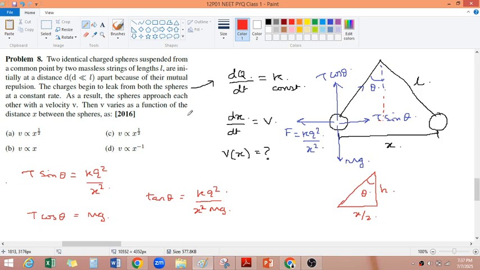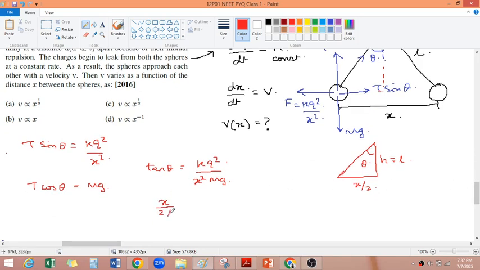They said this is very small, so I think you can assume this to be L, because when it is in the bottommost point, it will be L here. So tan theta is going to be x by 2 divided by L.